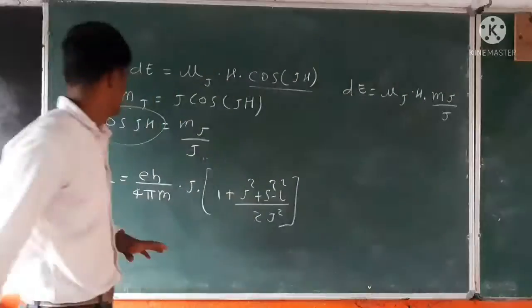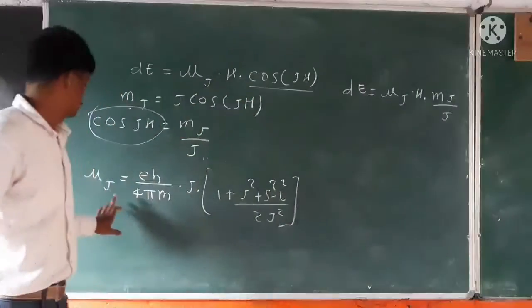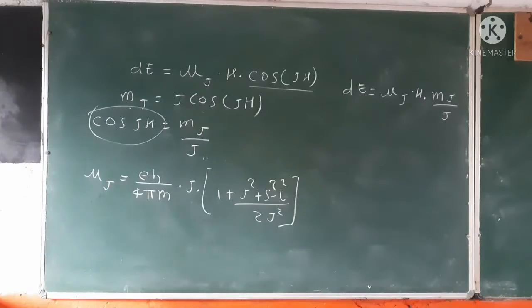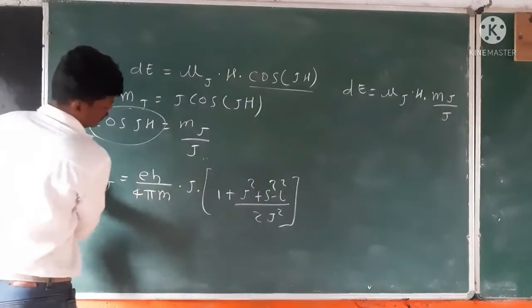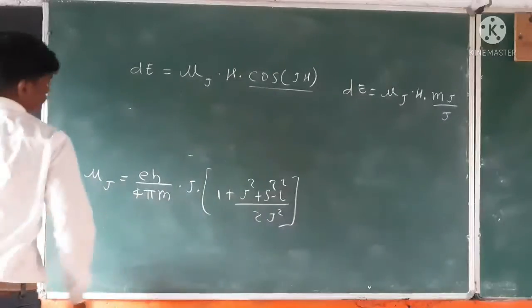Now here we have the value for mu J. So this value we will put into this equation. What will be the resultant equation?